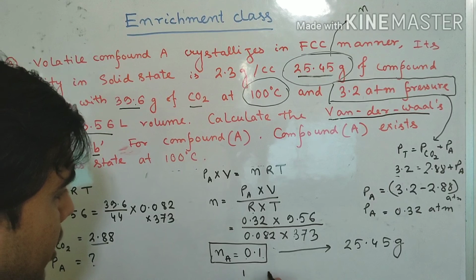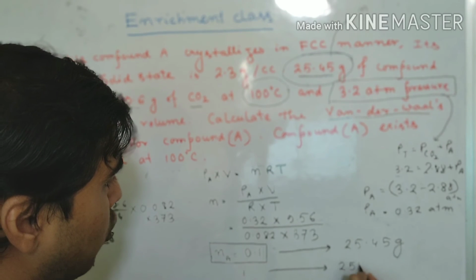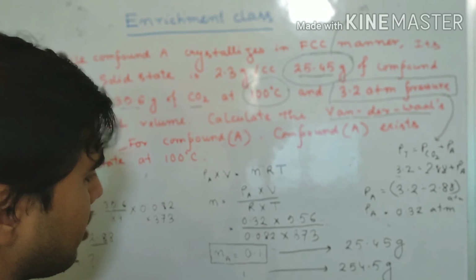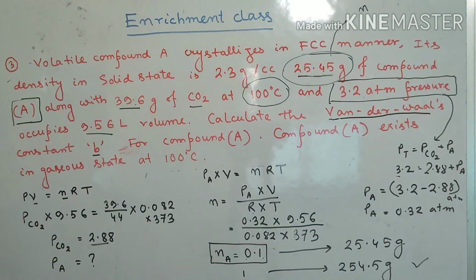So obviously if it is 1 mole, it is going to be 254.5 gram, isn't it? I hope all of you have understood this part. So by calculating all this, we have come to the point that the molecular weight of this particular compound A is 254.5. Now let us proceed.